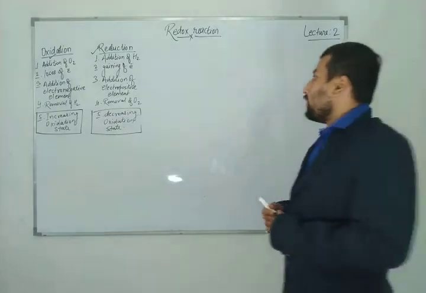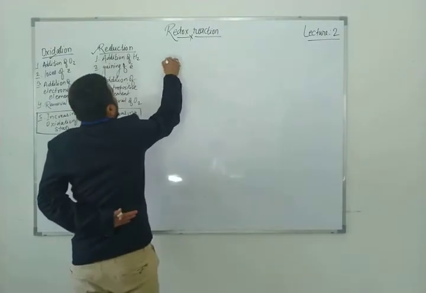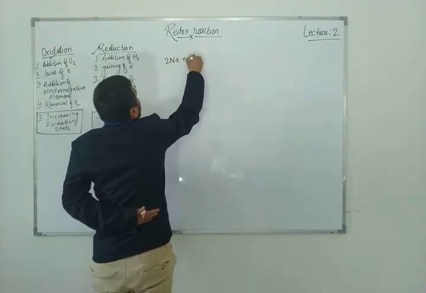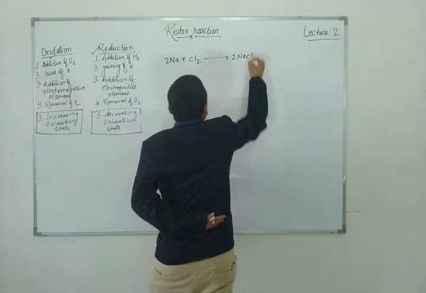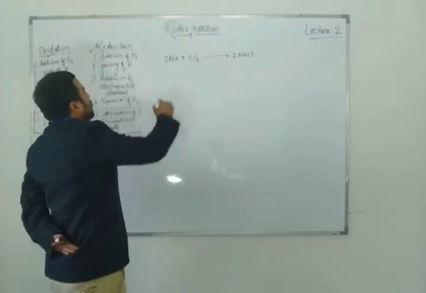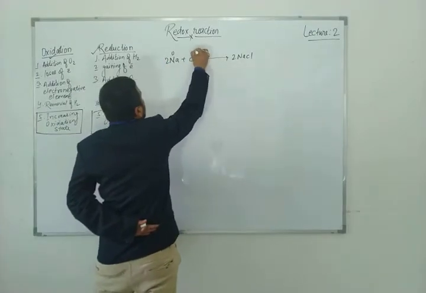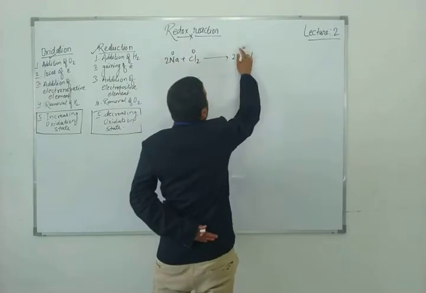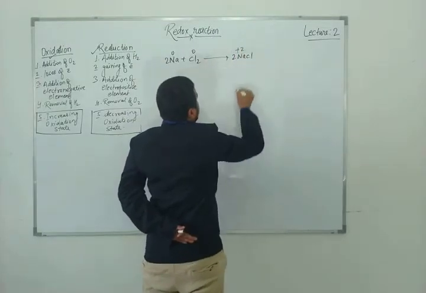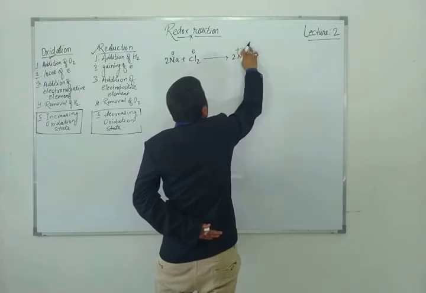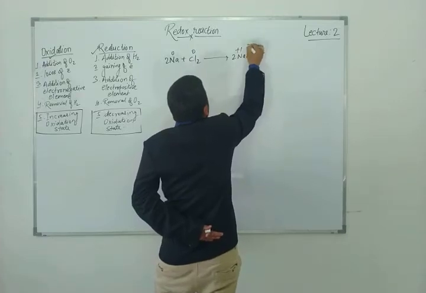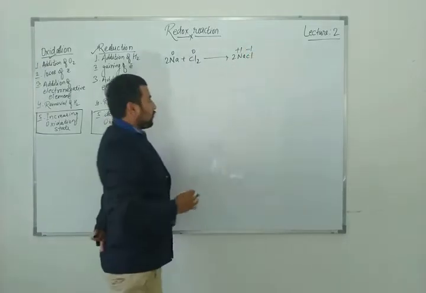Gives sodium chloride. 2Na plus Cl2 gives 2NaCl. Right? Here sodium is existing in zero oxidation state, chlorine is also. Here sodium has lost 2 electrons and chlorine has gained 2 electrons. Well, there are 2 compounds, but remember here the oxidation states are +1 and -1.